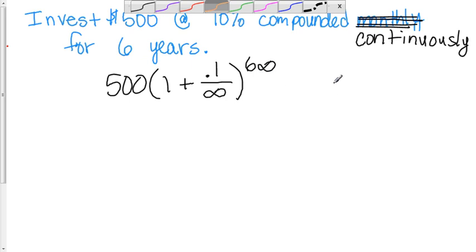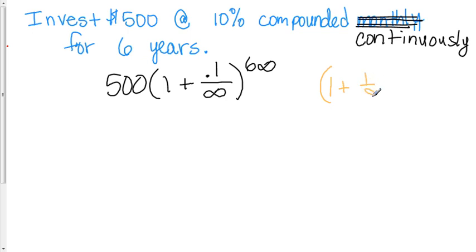But we know that this, 1 plus 1 over infinity to the infinity, is equal to the value of e. And e is a button on your calculator. I think it should be the shift of ln.